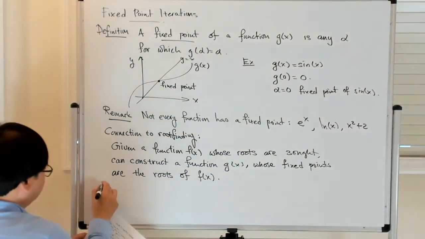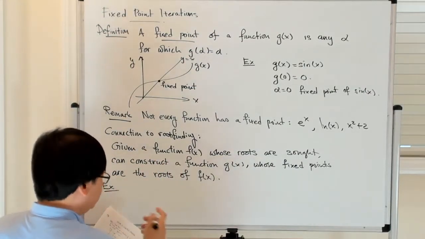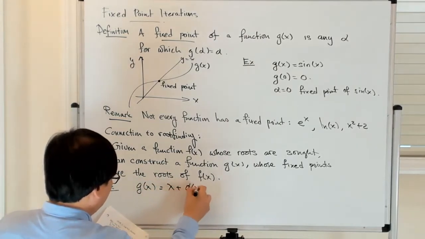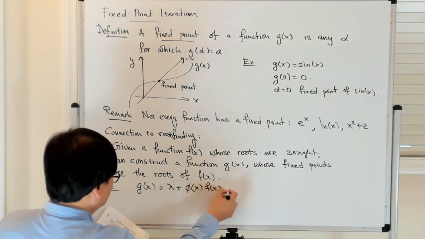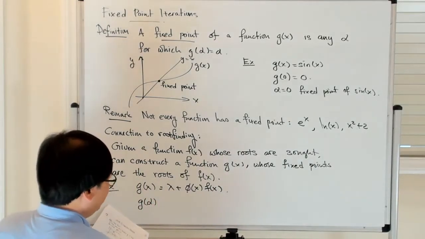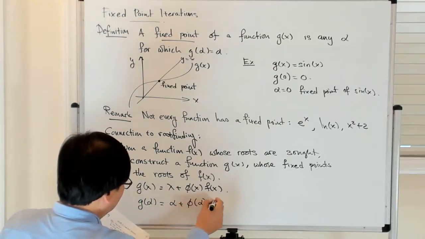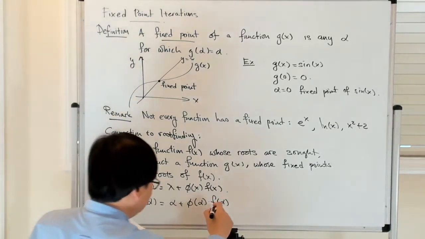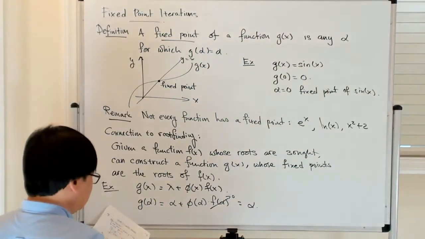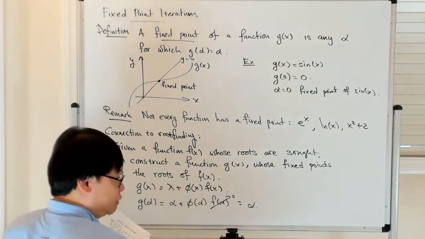Okay, so let me give you a simple example of this. If I have f of x whose root I'm trying to find, I can write a new function g of x of the form x plus phi of x times f of x. It's easy to convince yourself that when g is evaluated on alpha, which is a root of f of x, then I get alpha plus phi alpha times f alpha, and f alpha is 0, so I just get g of alpha is equal to alpha. So if alpha is a root of f, it is also a fixed point of g.